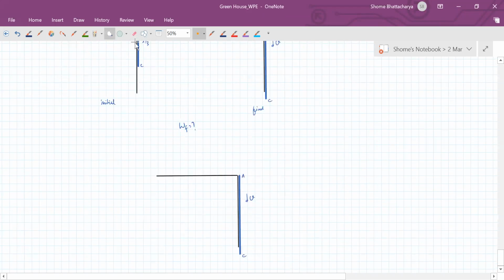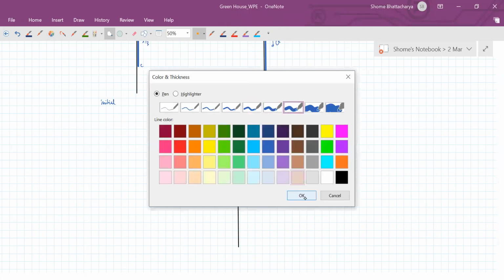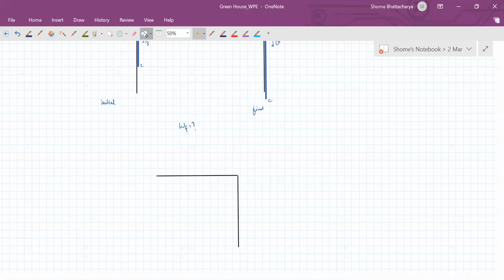So at some intermediate time, let us say that our chain is like this.